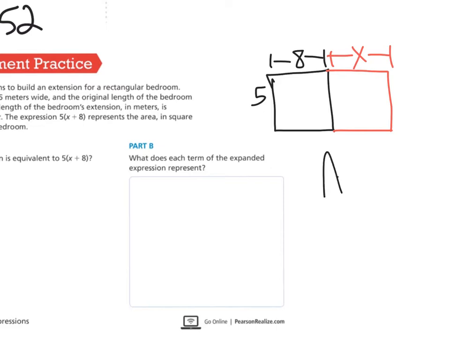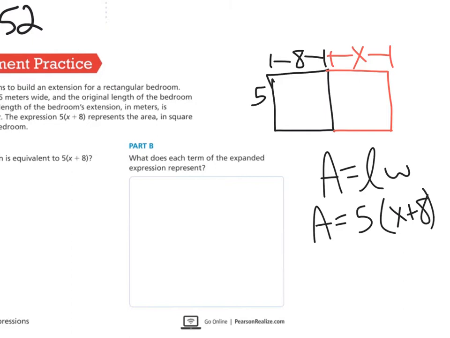We know area is length times width, so one way you could think about it, basically what the book's doing, one direction we've got the 5, the other direction together we've got either x plus 8 or 8 plus x. Normally we'll put the variable first, call it x plus 8. Or your other option would be to find the area of the original room and then the area of the extension and then add those together. That would be fine also.